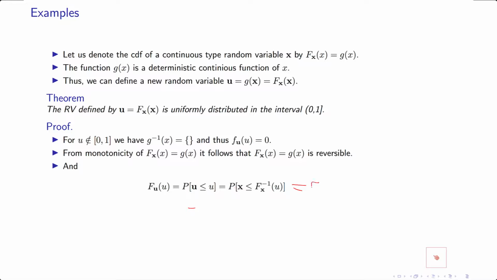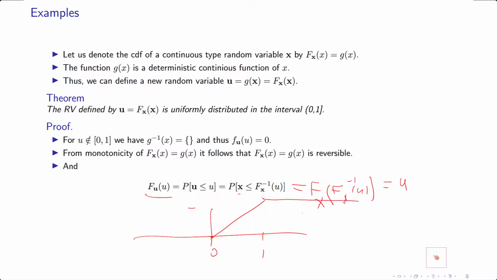Obviously, this is F_X of this random variable at this point. And application of the function on its own inverse is equal to u itself. So you see that between the interval of 0 to 1 this should be a ramp, and here it should be 1, because it cannot decrease and it cannot be bigger than 1. Here it cannot decrease further below 0. So therefore the proof is complete.